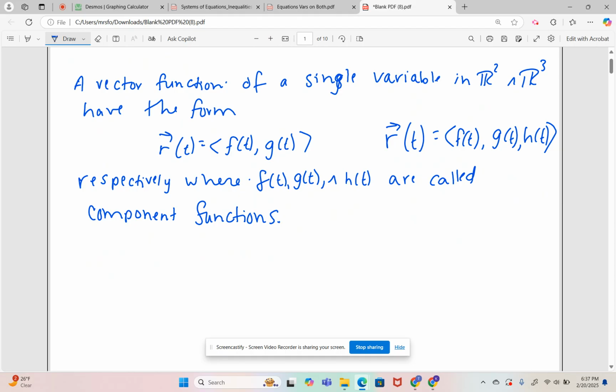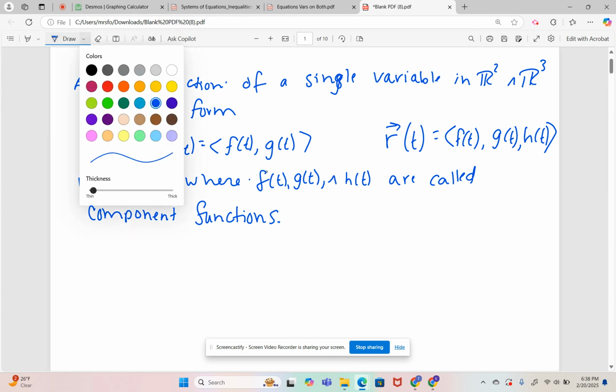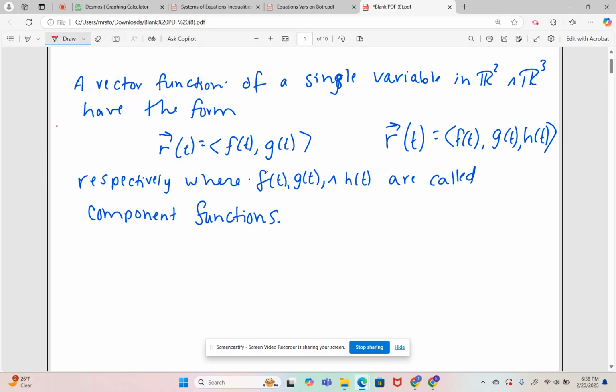So the domain of the vector function is the set of all of the t's for which the component functions are defined. I don't think we've really exactly written that yet.